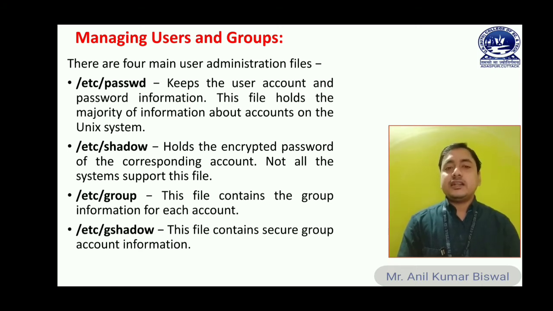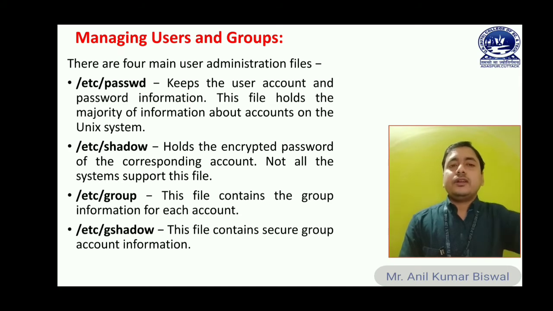That means gshadow can hold some accounts that must be secured and are not visible to everyone, but are still present in our system. This type of account and group management is provided by our Unix system, and it is a real process through which you can manage each and every piece of data or information.